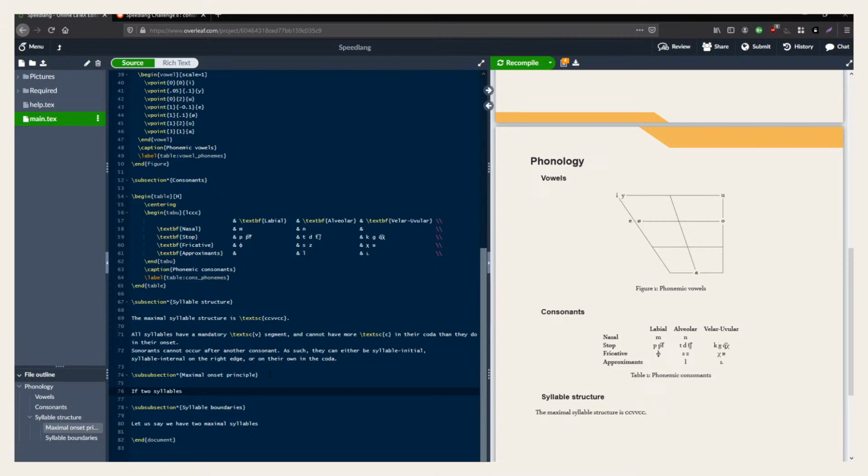If two syllables in a word can be represented as sigma.